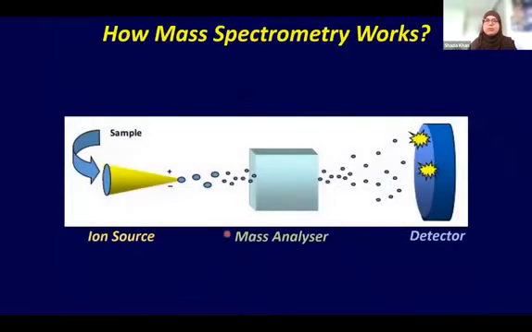For those who may be less familiar with mass spectrometry, a mass spectrometer consists of three main components. The first is the ion source, which converts the molecules from the sample into the gas phase. Then the mass analyzer separates these ions according to their mass-to-charge ratio, and the detector converts the beam of ions into electrical signals that can be measured and recorded.